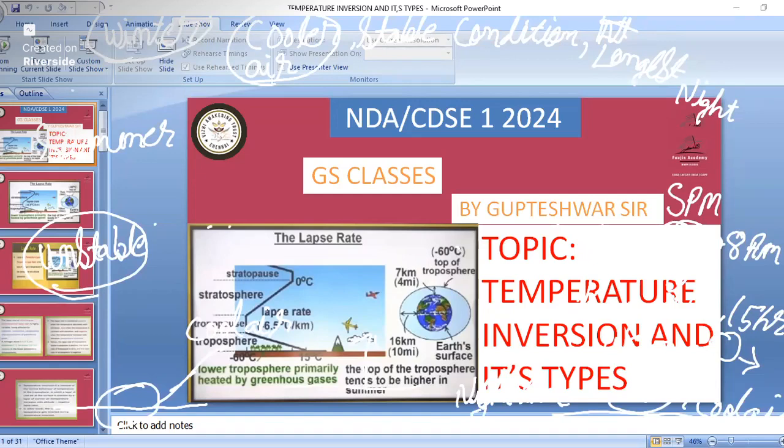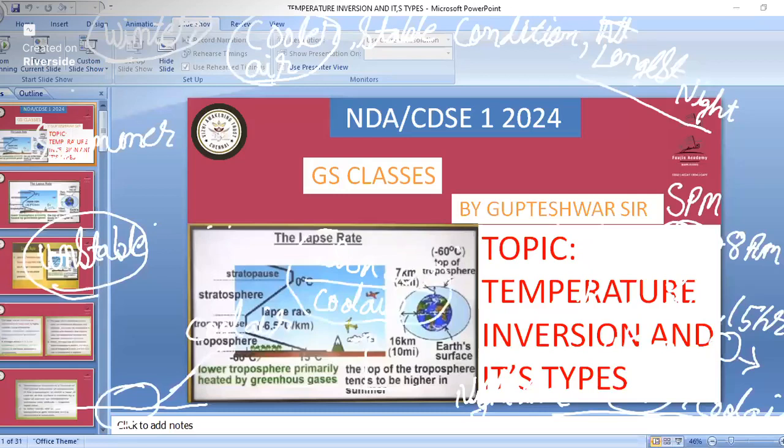And remember that it will happen only if you have the longest night. And you all know that in the winter season we have the long night. So when this phenomenon comes, cool air below and then warm air in the upper part, only then will temperature inversion take place. Okay. So remember this one.